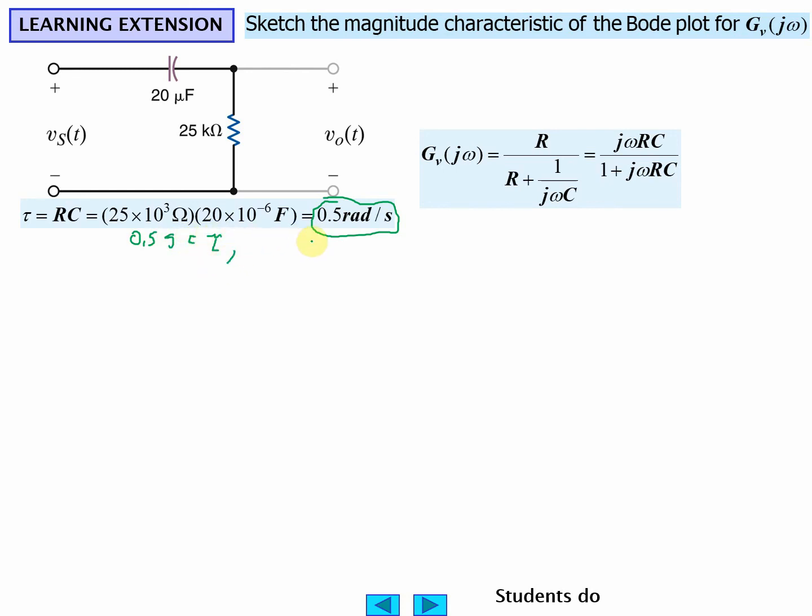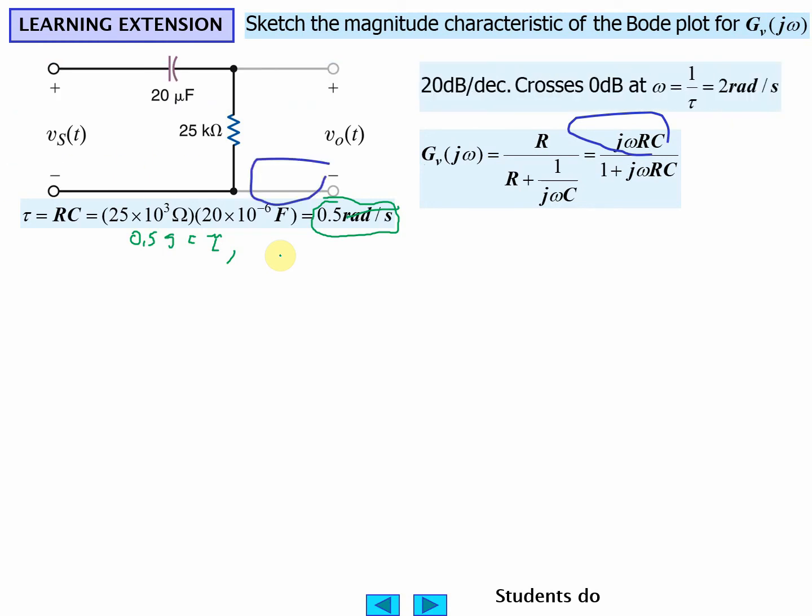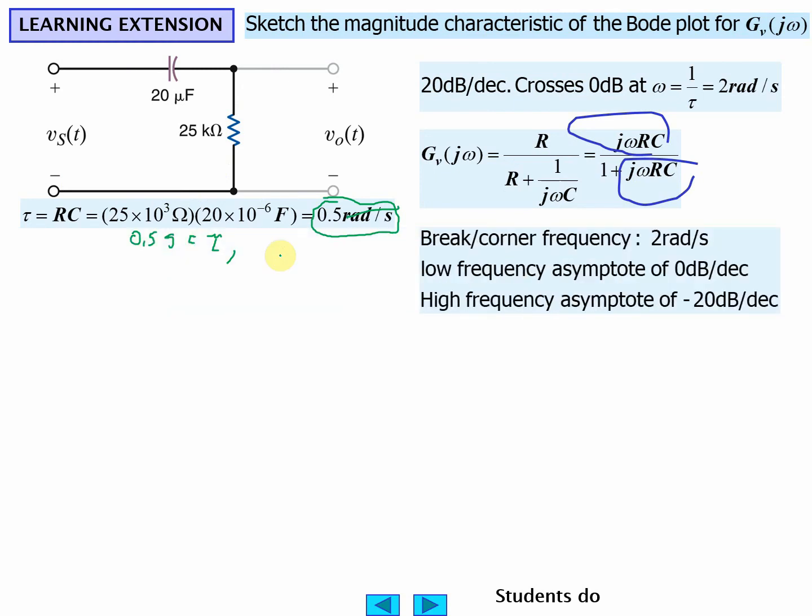So these units are wrong. The tau is in seconds. And then omega is 1/tau, or 2 hertz. That's where it crosses. 2 hertz. 2 radians per second.